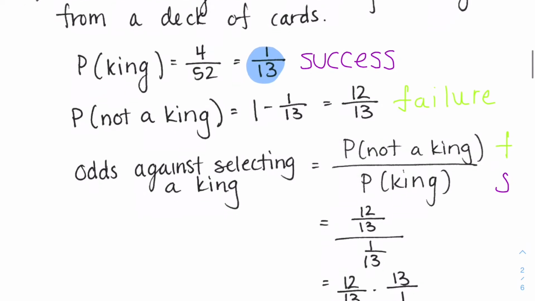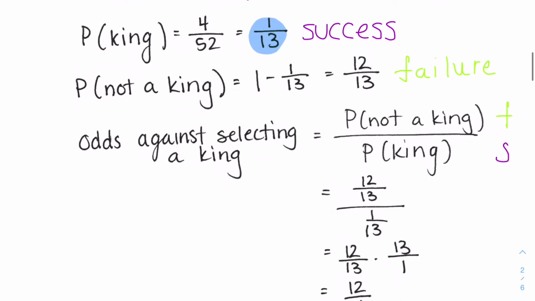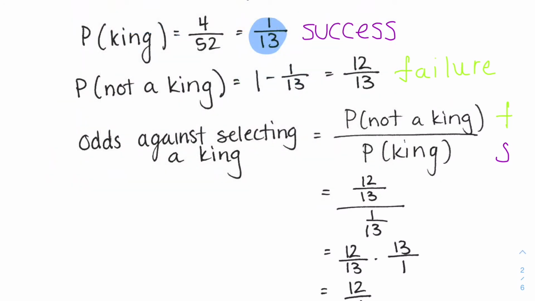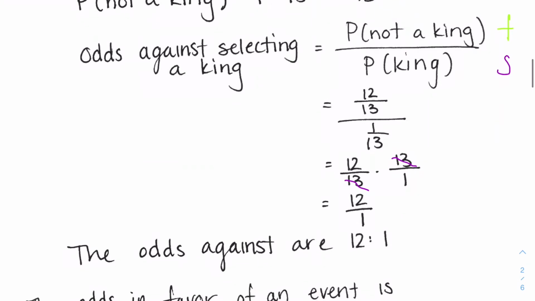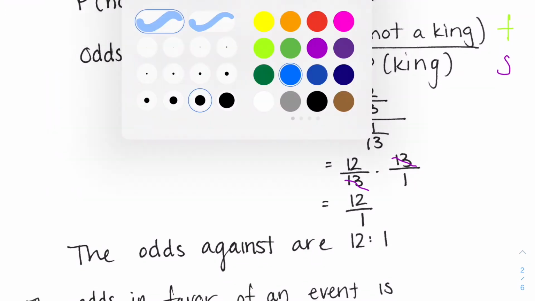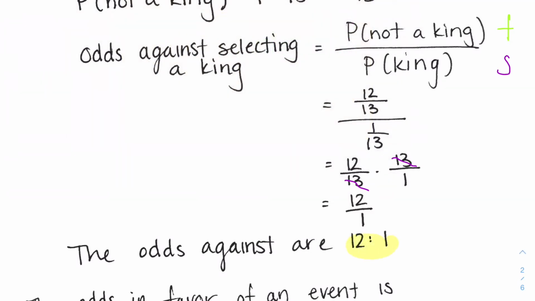And same thing again, when you go to take the division of those fractions, you multiply by the reciprocal of the denominator. The reciprocal is right there. And because both of them are out of 13, the 13s cancel, and you're left with 12 divided by 1. So we would say the odds against selecting a king are 12 to 1. So you have pretty good odds against selecting a king.